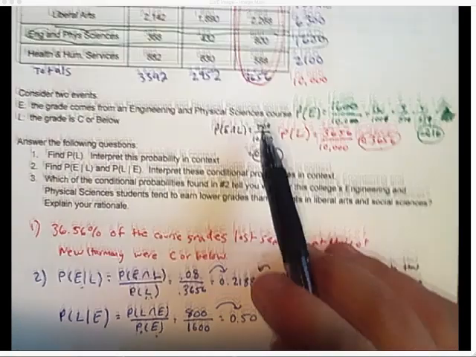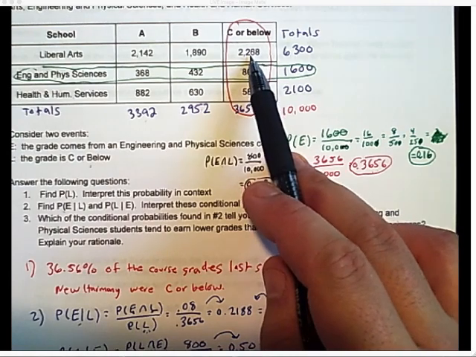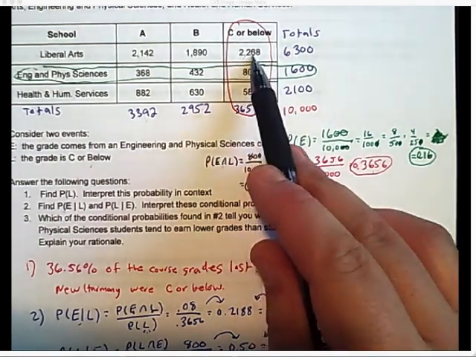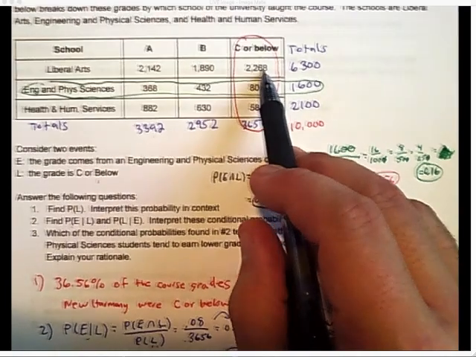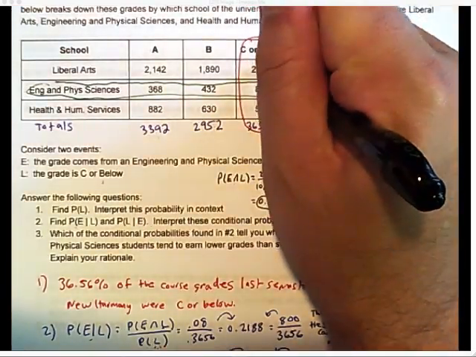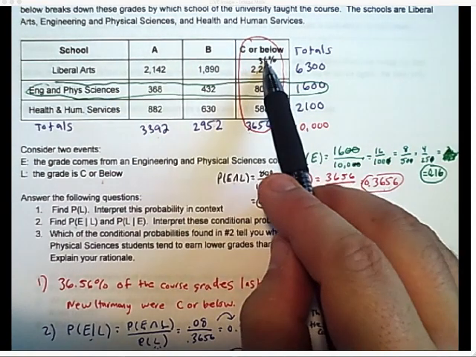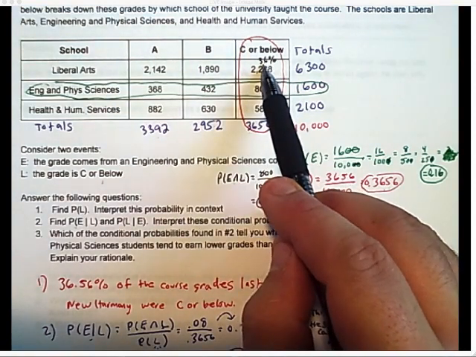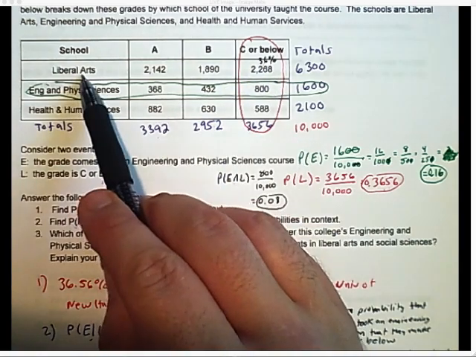If you did the same thing with the other two here, for example, if I took 2268 and divided it by 6,300, all right, people in liberal arts, 36% of these people got a C or below.